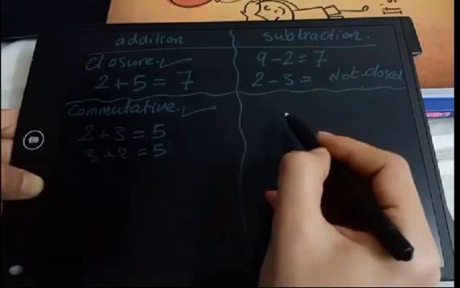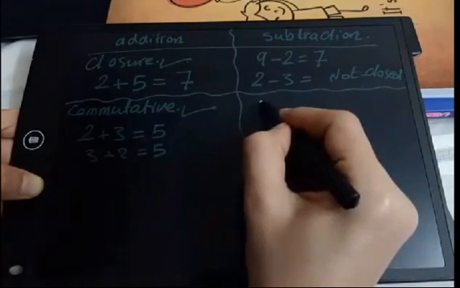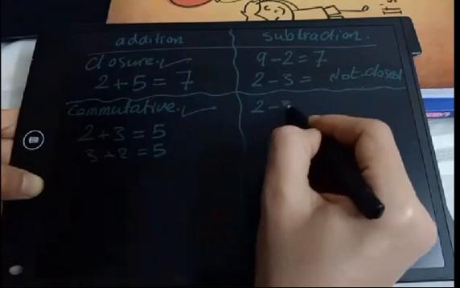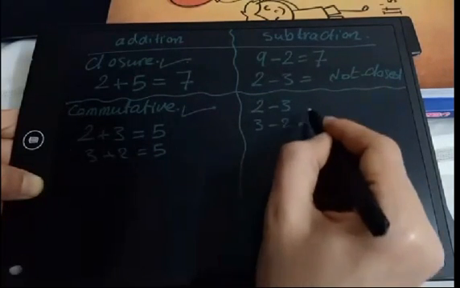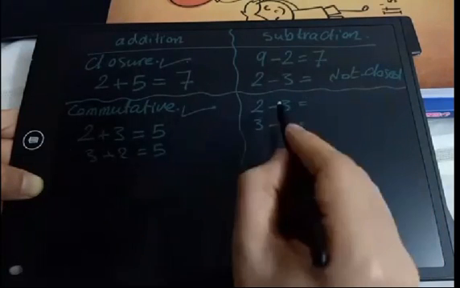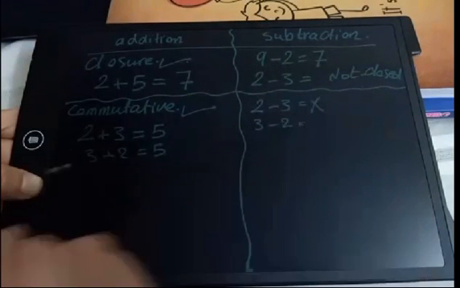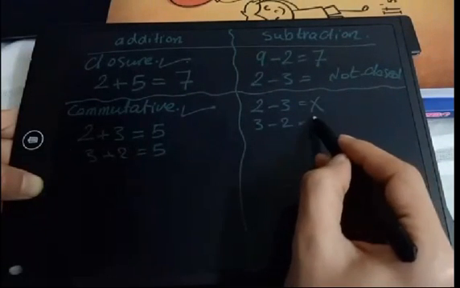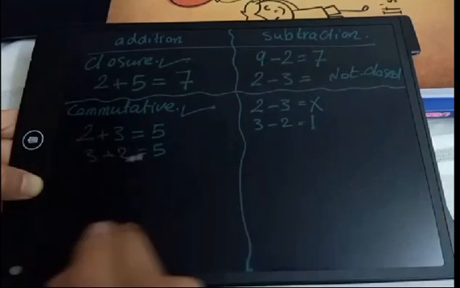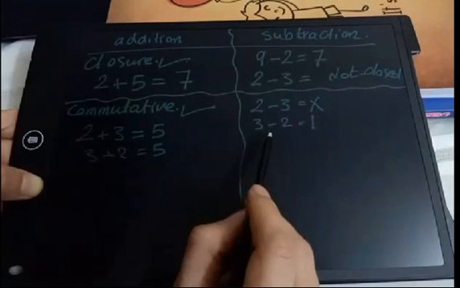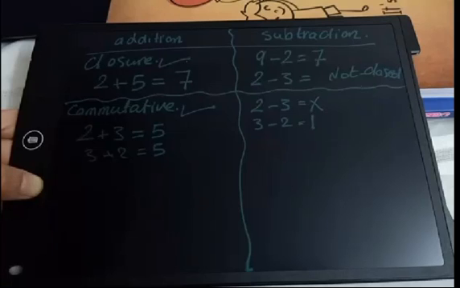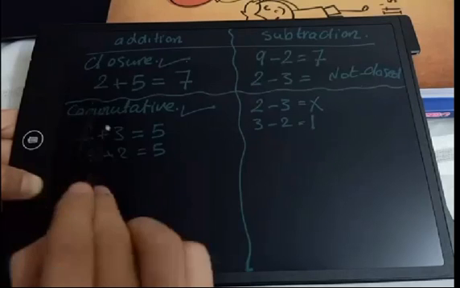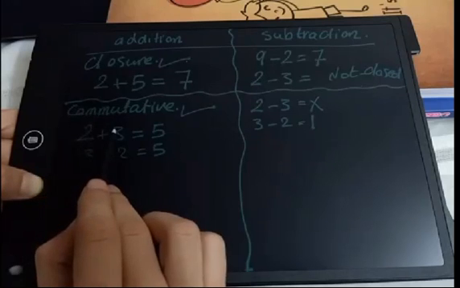But here in the subtraction, if I say to you 2 minus 3 and 3 minus 2, when I exchange the two numbers, at the first one I can't, but at the second one I can, and it equals 1. But they are not equal. That means the commutative property doesn't work with the subtraction, but the commutative property works with the addition.